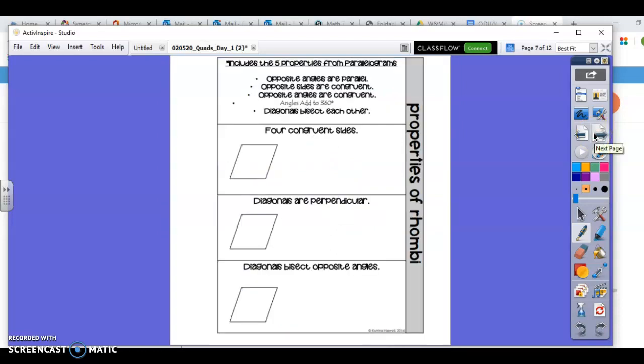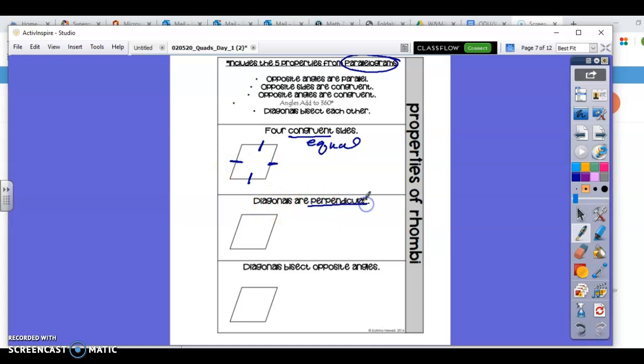Next, we have a rhombi or rhombus, so you can flip to the next page. A rhombus also has all 5 properties of a parallelogram, so all of these things, and then it has a couple extra things also. So 4 congruent sides, that means they're equal. The way you'll show that is all 4 have the same little hash mark.